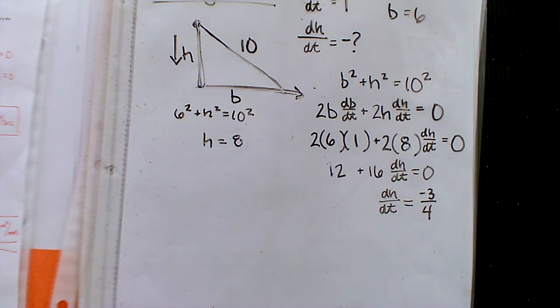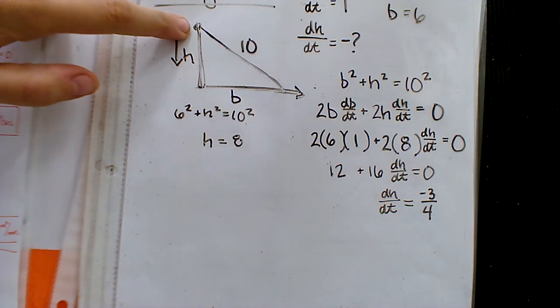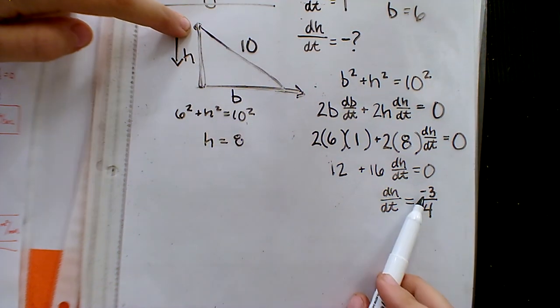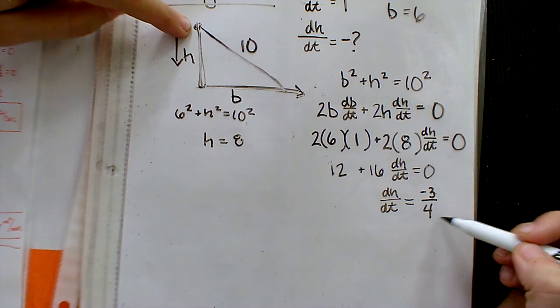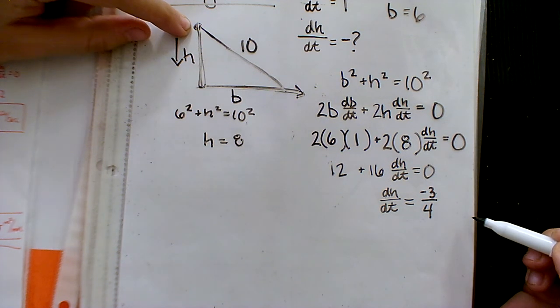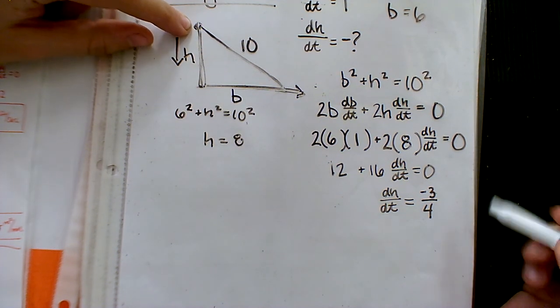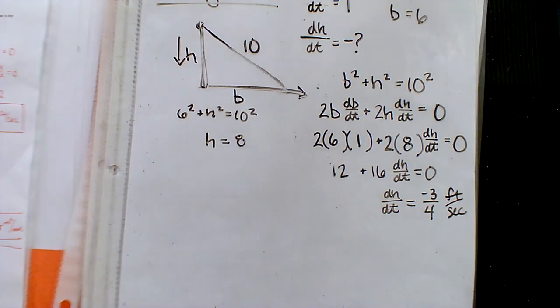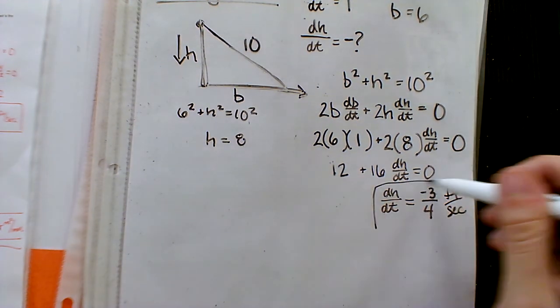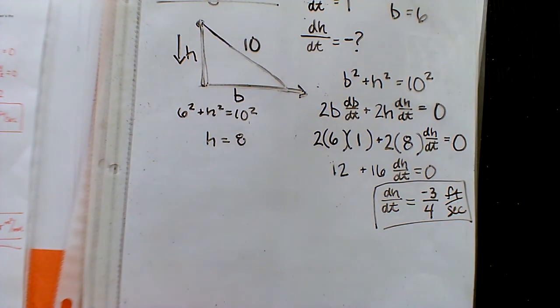So at that moment in time, when that word now popped up on the screen, the height of the ladder was decreasing at a rate of 3/4 what? Can we fill in the units of measure? Feet per second. Good. There's our related rate.